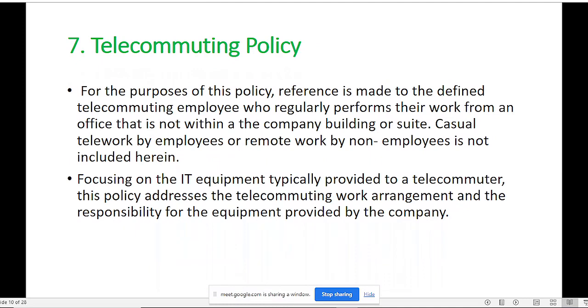So these are the policies that I was talking about. Telecommuting policy, right? Because most people nowadays are working from home. So this is something where we have loopholes. And this is what hackers like, when people constantly share information across the network.